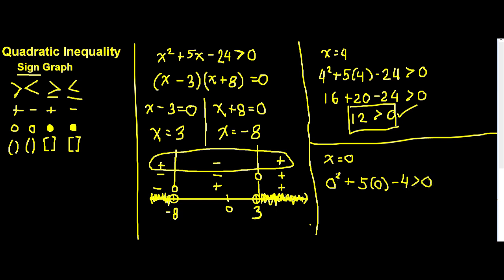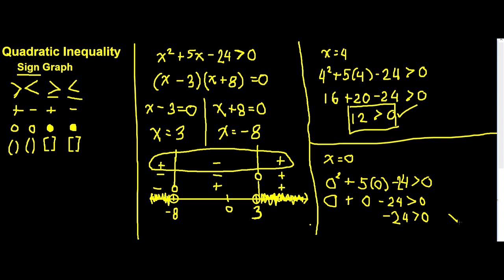So, syempre, 0 squared is 0. Any number multiplied by 0 is equal to 0. 5 times 0 is equal to 0. Minus 24 pala to. So, it leaves you negative 24 greater than 0. Mas malaki ba or mas mataas ba in terms of value yung negative 24 kaysa sa 0?